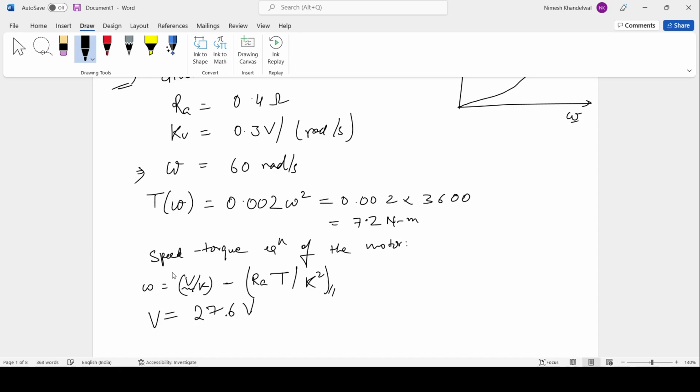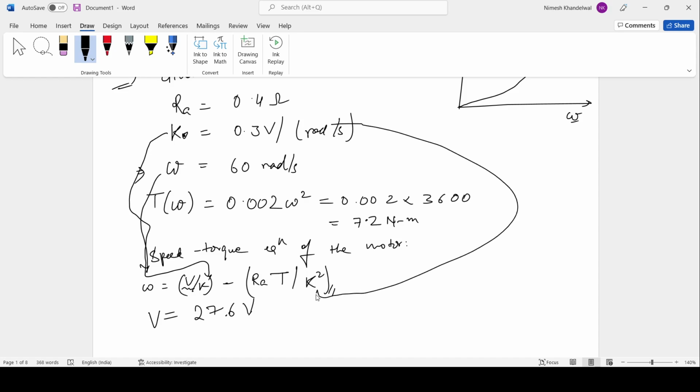You just have to plug omega here, and call this K. You put K here, square K and put it here, and you put this RA here, and this load torque that we have calculated for this particular omega, you put it here. After you put all these things, you'll get V, your armature voltage.